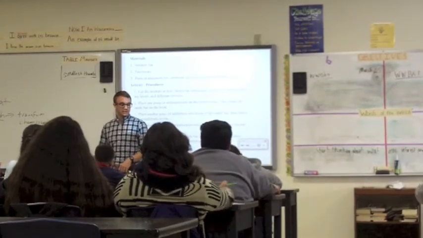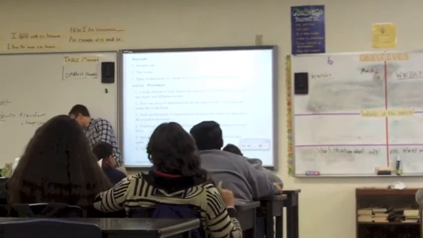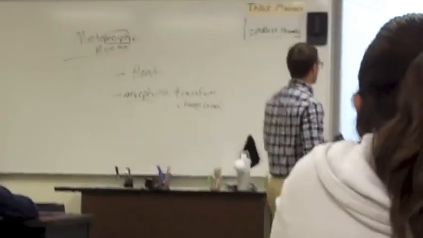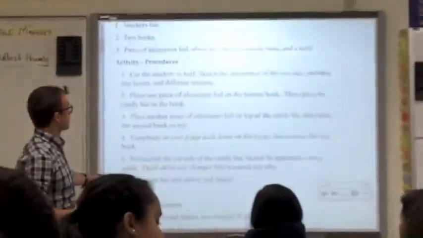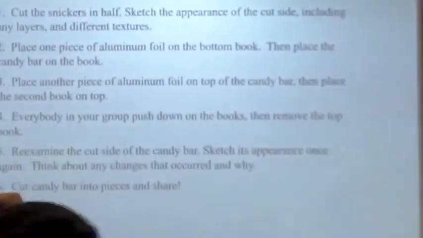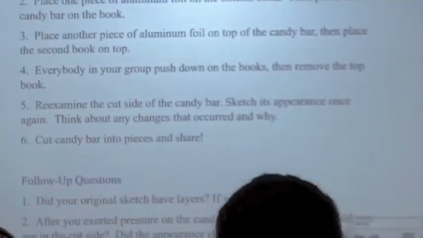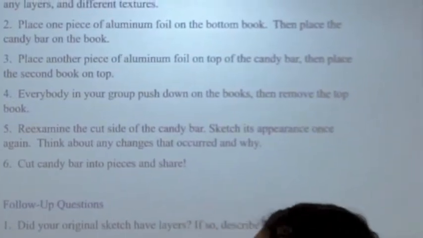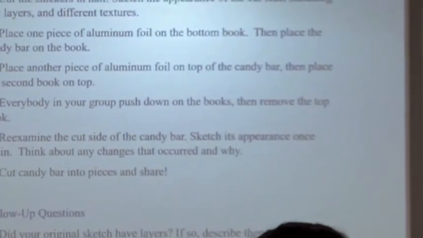Get in front of you, you should have a tin foil, and you have 2 books. These are the procedures for you, okay? I have the procedures on the board. I'm going to pass around the Snickers. You need to follow these procedures. And you'll have to answer some questions in your notes about this.